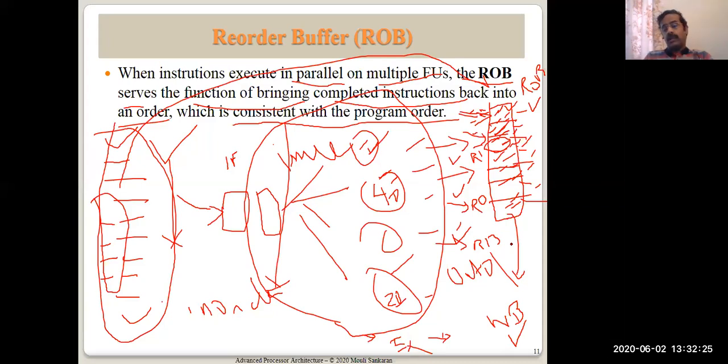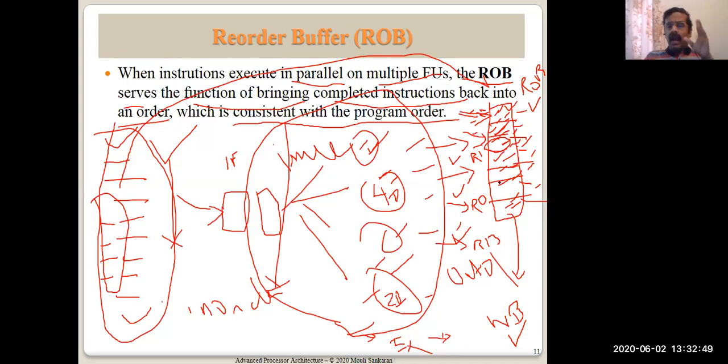So what I am guaranteeing is that the original intended program order is assured. That means the functionality is not affected. At the same time, I am allowing more instructions to be in execution. I will not wait for the write back result for holding some register, some functional unit.